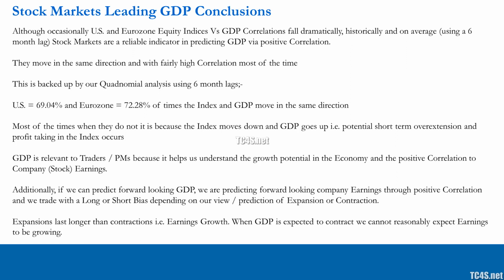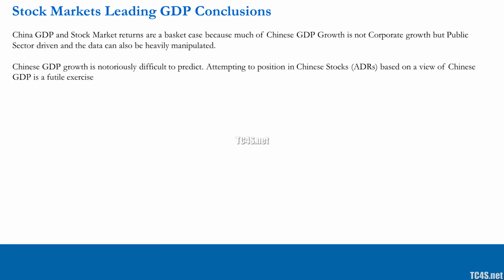Now, let's move on to the basket case, China. When we're thinking of this geographically, globally, I'm thinking about stock markets leading GDP for each economic region or country. China GDP and stock market returns, when we look at statistical correlations and quadnomial data, they're a basket case.